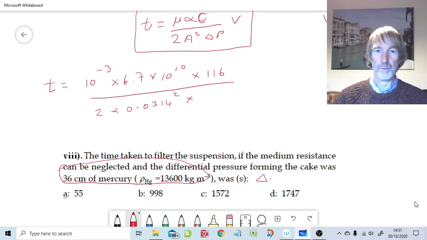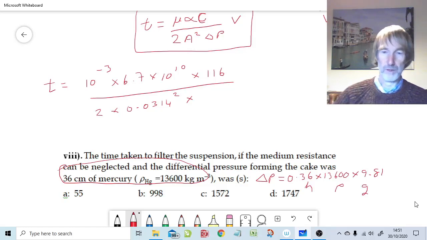So delta P is in SI units 0.36 meters times by the density 13,600 times by 9.81. So that's simply H rho G. Bernoulli's equation, the static component of Bernoulli's equation, really, if you know your fluid mechanics.